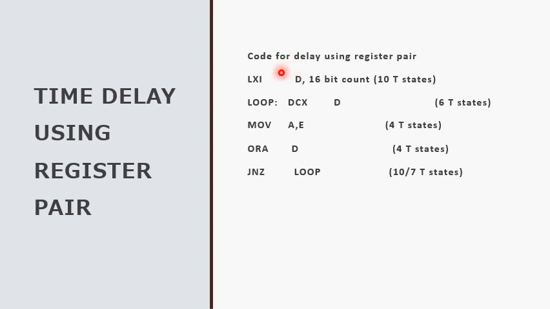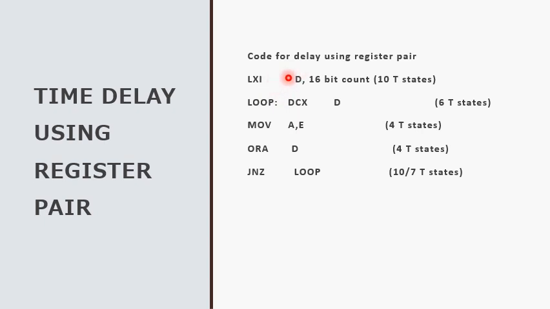The problem with the DCX instruction is it does not change the 0 flag, so we cannot use the JZ or JNZ instruction. To overcome this problem, we use the OR instruction. We do a logical OR between the D register and E register, right?